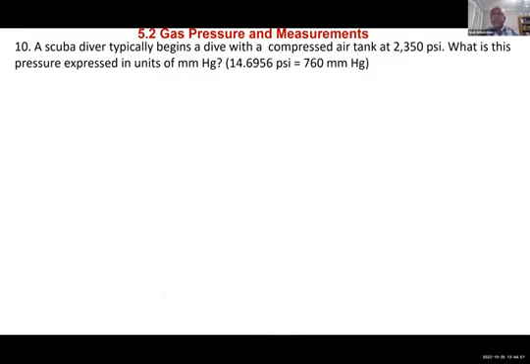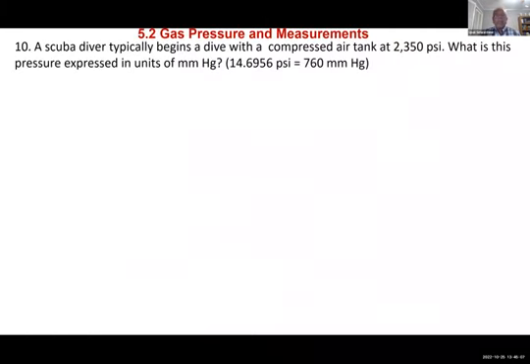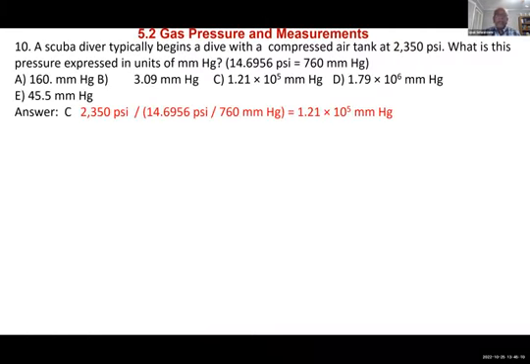So now this is almost the same question. So I am showing there the tank pressure divided by the conversion factor.